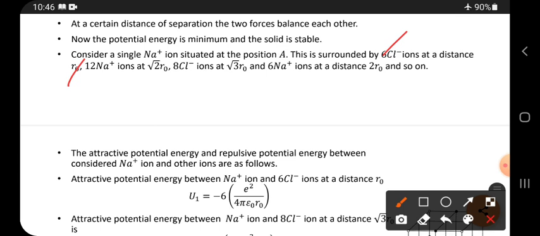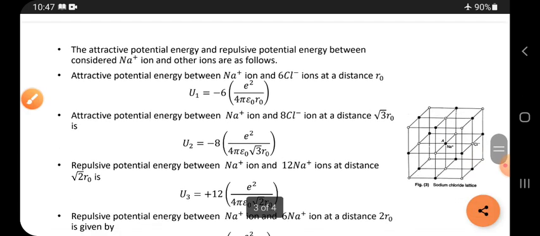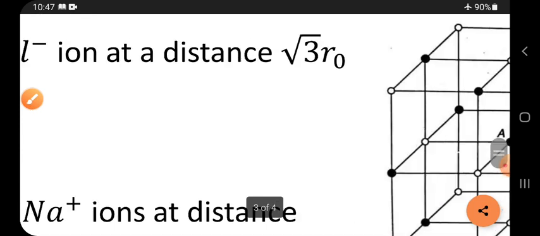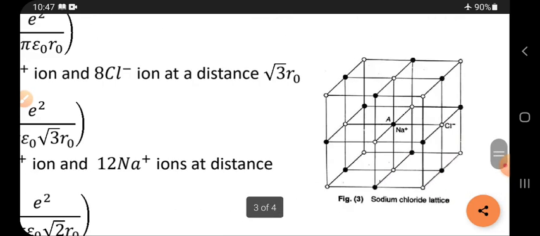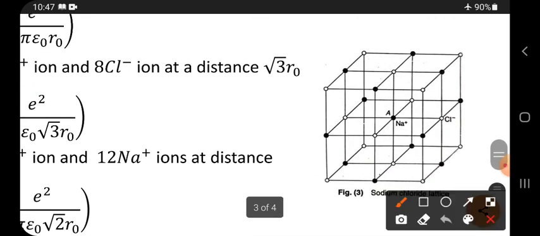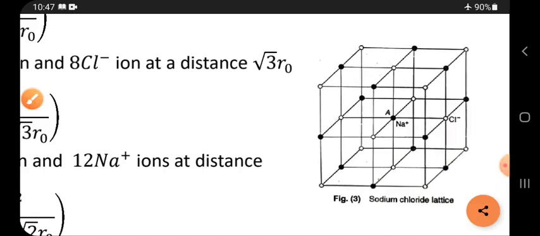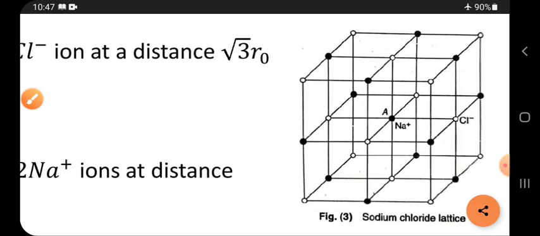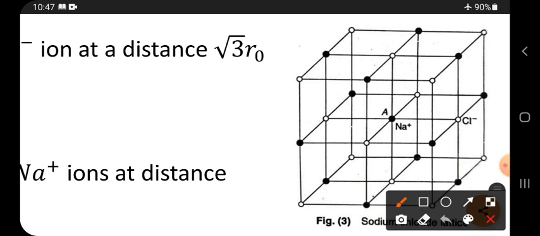Next, for sodium, there are 12 sodium ions. At what distance? At root 2 r naught distance. How many? 12, at root 2 r naught distance. Once again, see.